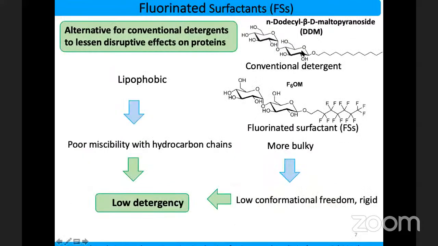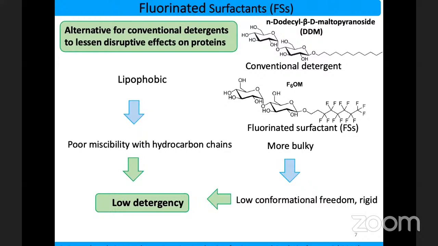Of particular interest to us are fluorinated surfactants, which are almost the same as detergents, but the hydrophobic tail contains fluorine instead of hydrogen. Why we are interested in this compound is that fluorine, which is bulkier than hydrogen, is hypothesized not to interact with the hydrogen of the hydrophobic chain of the protein.